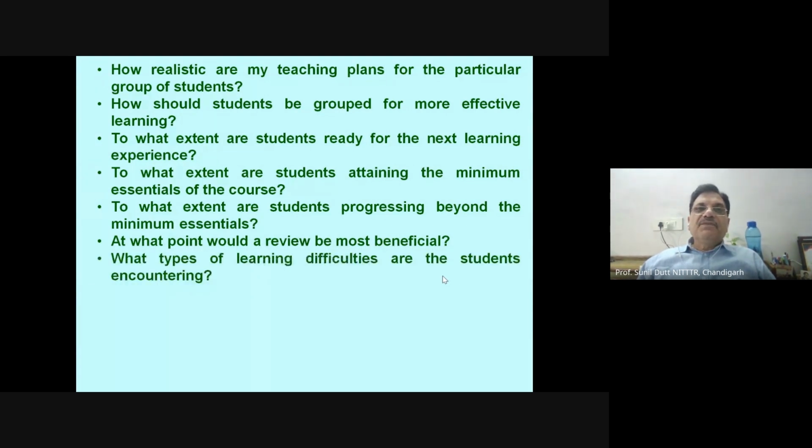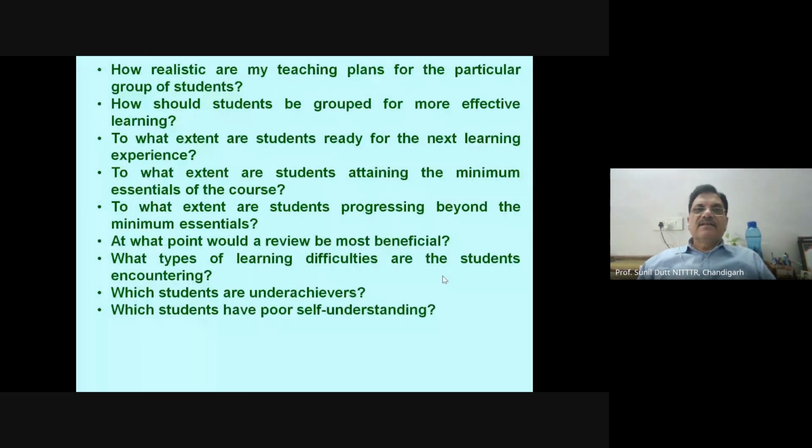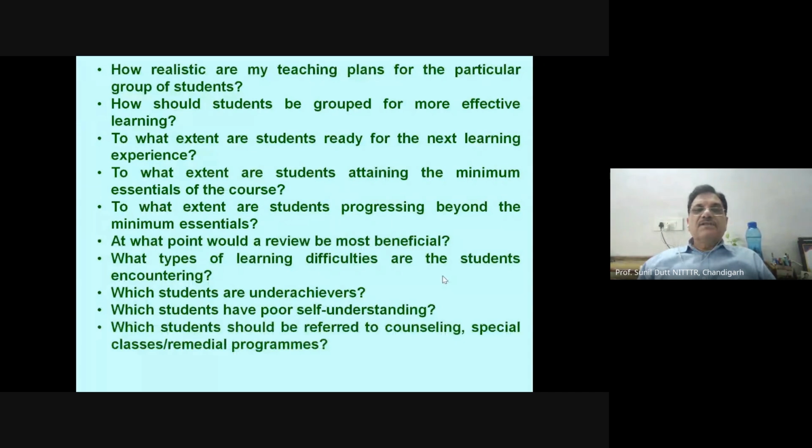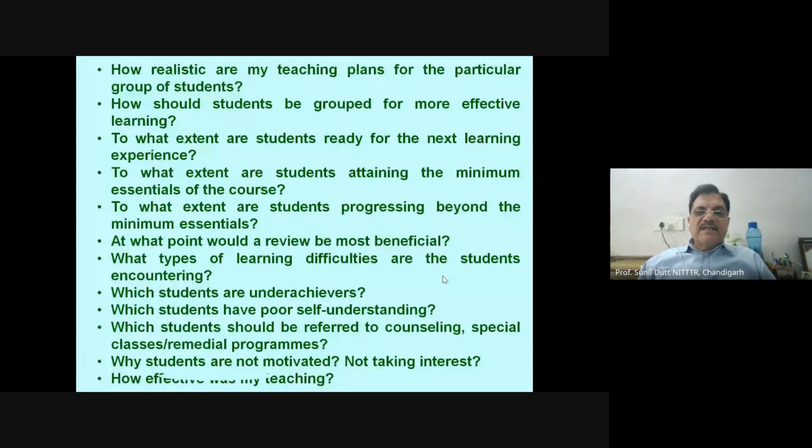What type of learning difficulties are my students encountering, which students are underachievers, which students have poor self understanding, which students should be referred to counseling, special classes, or remedial programs, why my students are not motivated, why they are not taking interest in the classroom, why they are not giving their attention, and to what extent my teaching was effective.